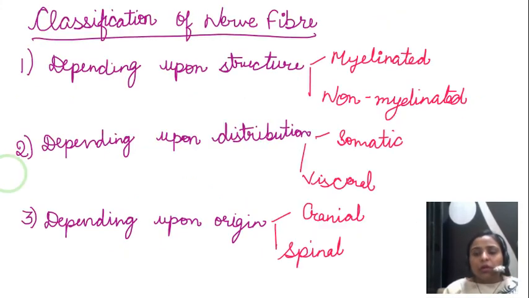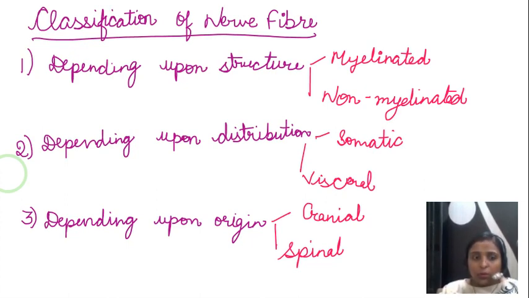See, today we are talking about the classification of nerve fibers, how the nerve fibers are classified. We have seen that it is classified into six types depending upon different things. Depending upon the structure, it will divide into myelinated and non-myelinated. Depending upon the distribution, somatic and visceral. On the basis of origin, cranial and spinal.